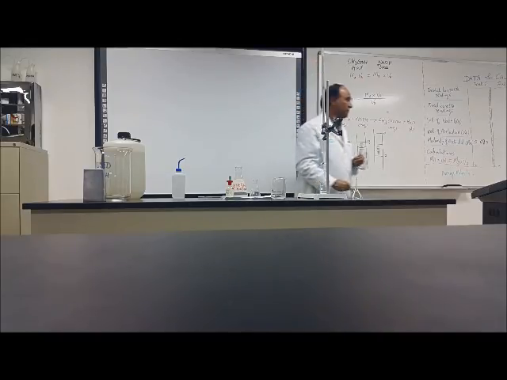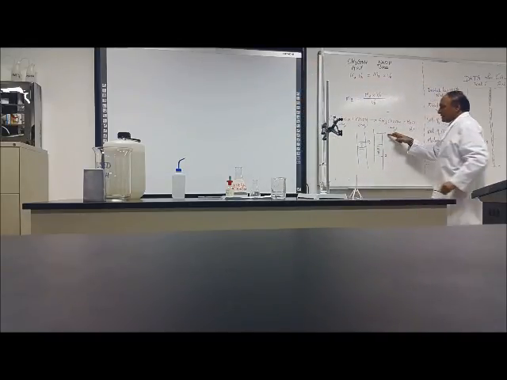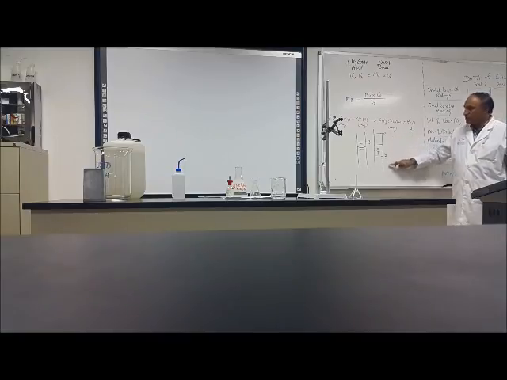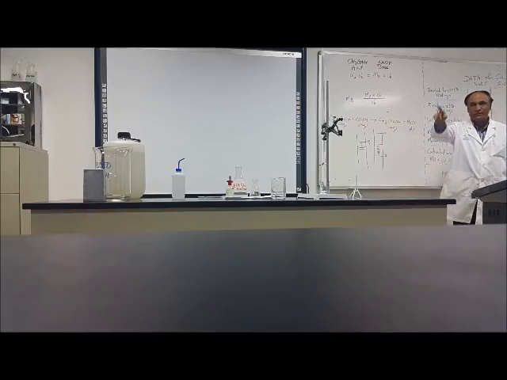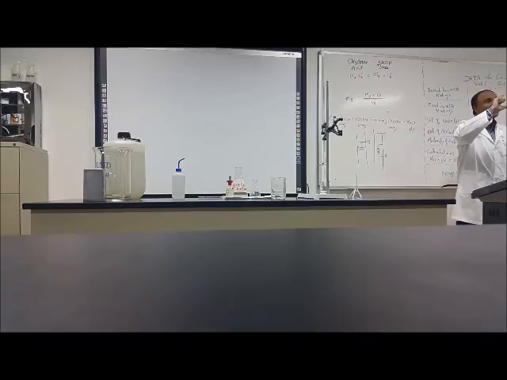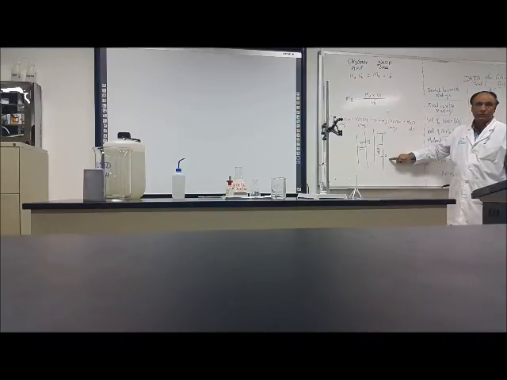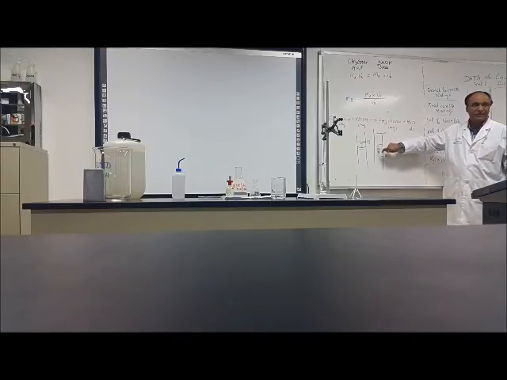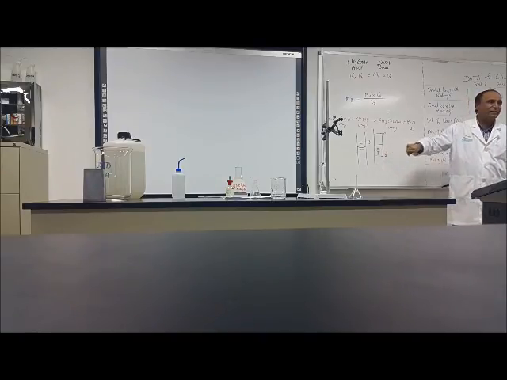If you look at the burette, starting from 0, 1, 2, 3, 4, up to 50. The burette is up to 50. If you look at any two numbers, for example between 1 and 2, there are 10 lines. Between 1 milli and 2 milli, there are 10 lines.